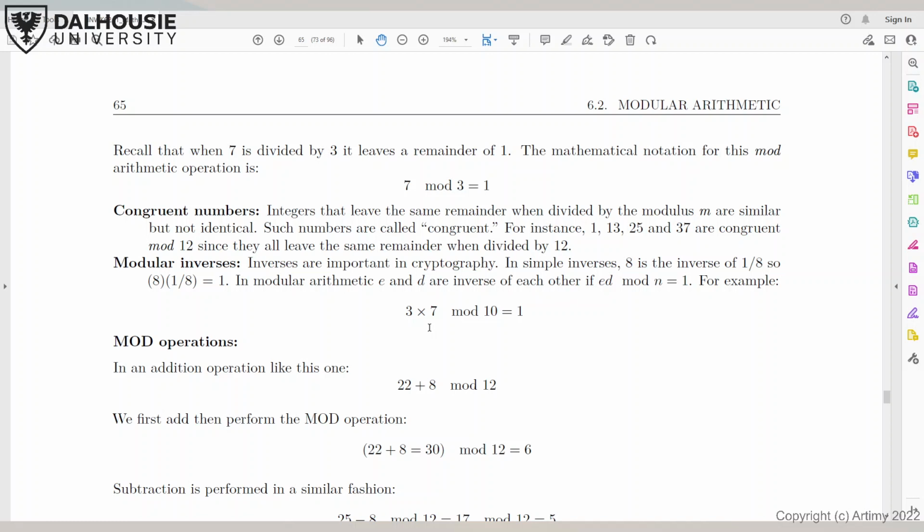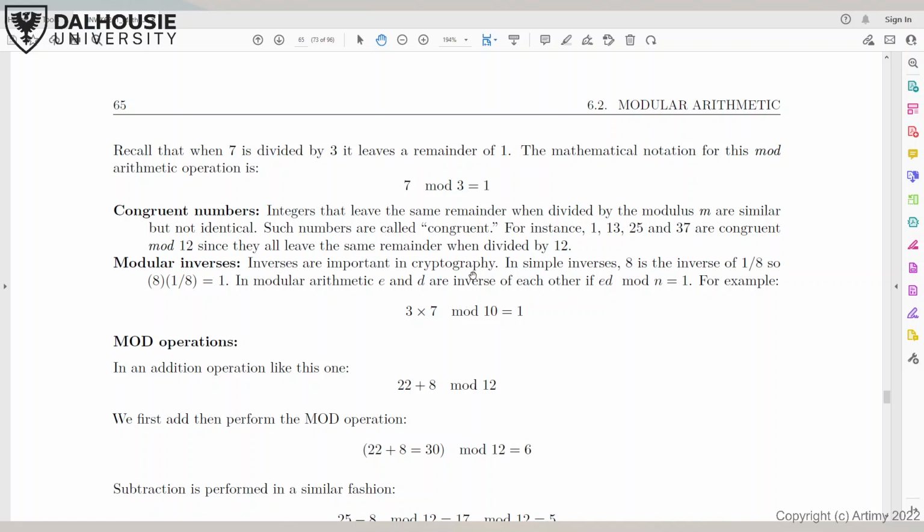But 7 and 3 are still considered inverses of each other, because in modular arithmetic, when we take the remainder modulo 10, the result is 1. So 3 times 7 is 21, divide by 10, the remainder is 1. That's something very important to understand.